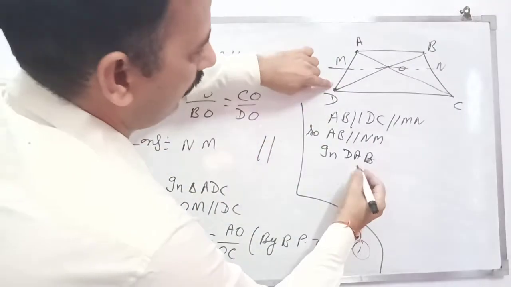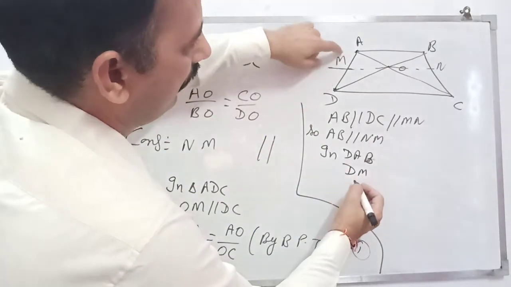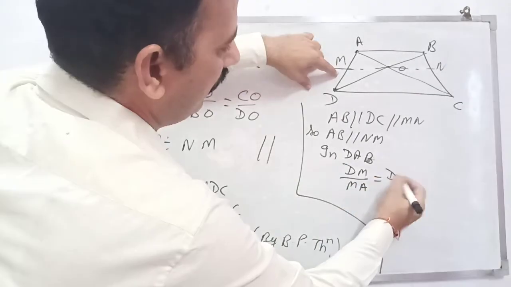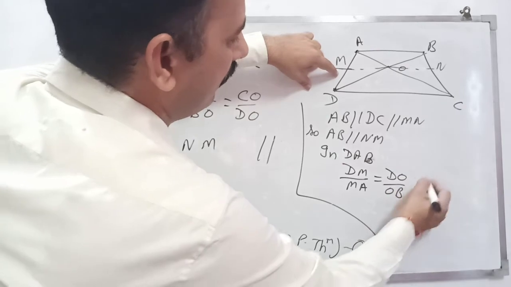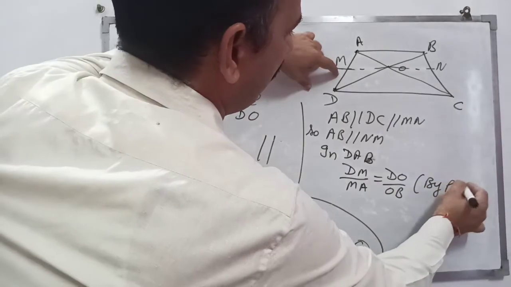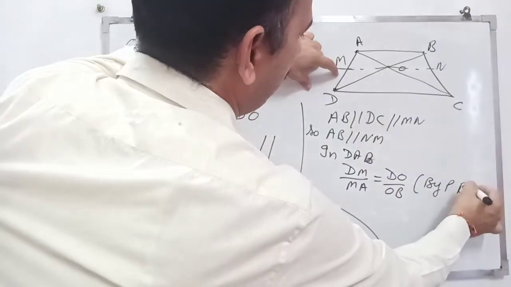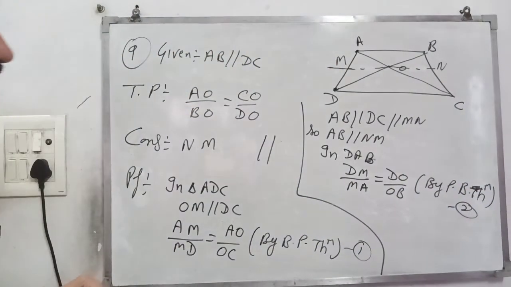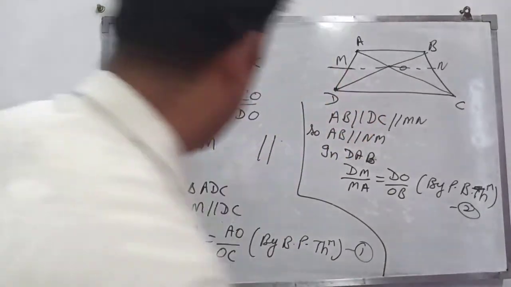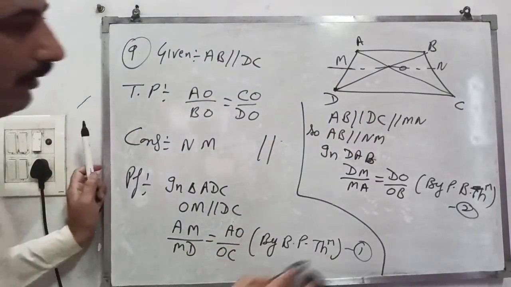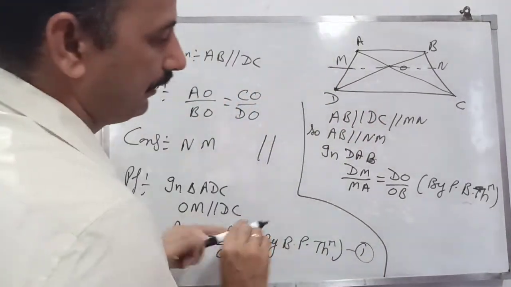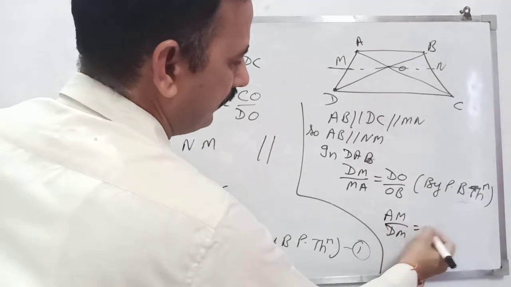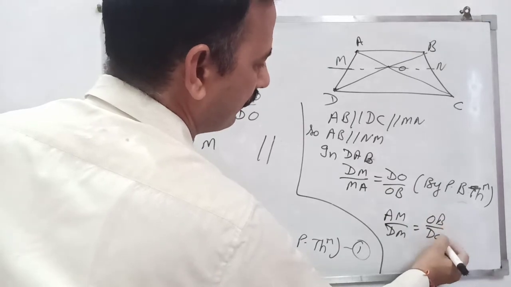So make it 2, right? So we can take the reciprocal. When we take the reciprocal, it becomes AM upon DM is equal to OB upon DO.